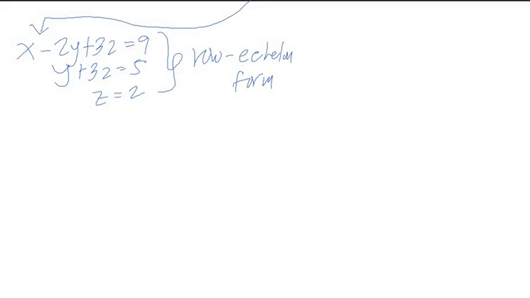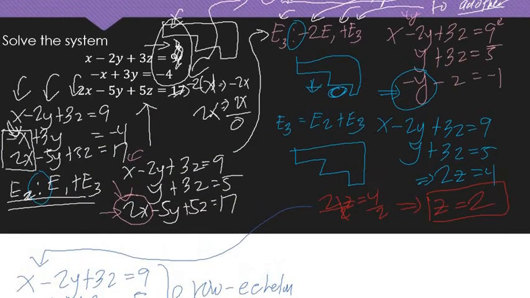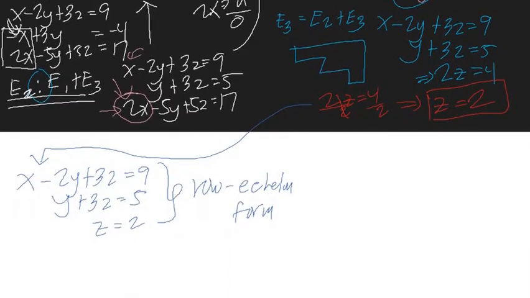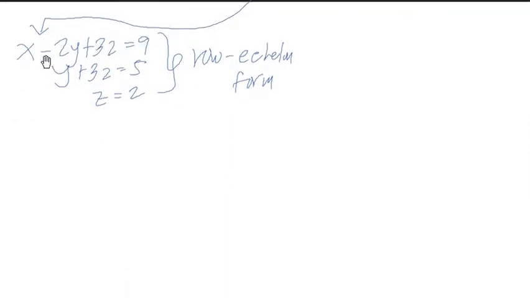In the last video, we were left here with the row echelon form of our original equation. So this original system of x minus 2y plus 3z equals 9, negative x plus 3y equals negative 4, and 2x minus 5y plus 5z equals 17 is equivalent to this system x minus 2y plus 3z equals 9, y plus 3z equals 5, and z equals 2.